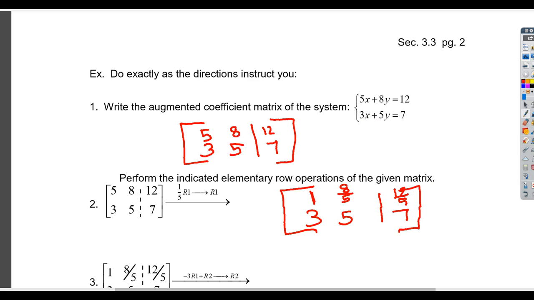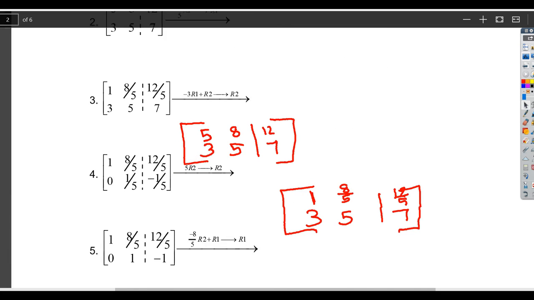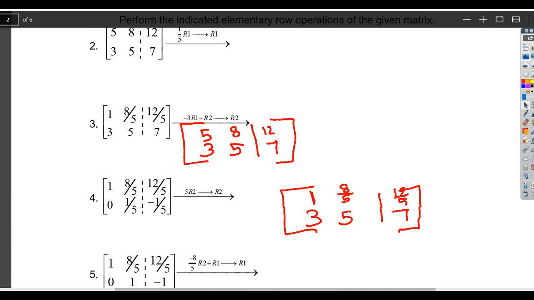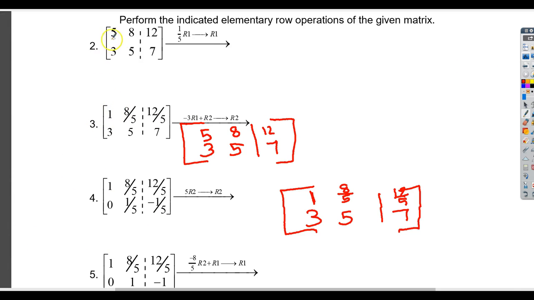And if you notice, that's exactly what the next one starts with. See, the 1/5. Here it is, the 1, the 8/5, the 12/5, the 3, the 5, the 7.